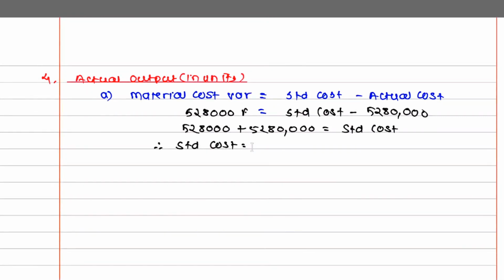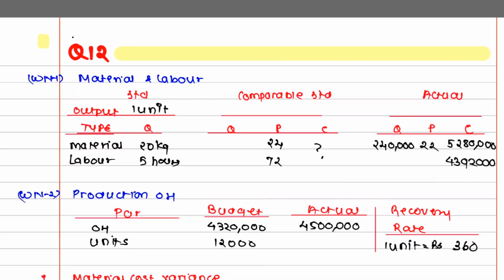So that was 58 lakh 8,000. Okay. This is the answer that you got. Can I write this here? Yes.